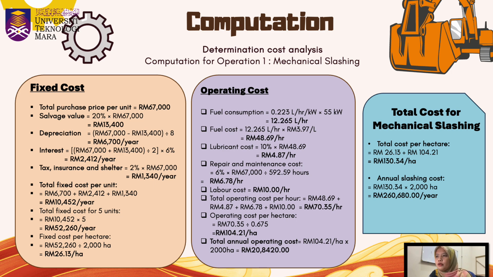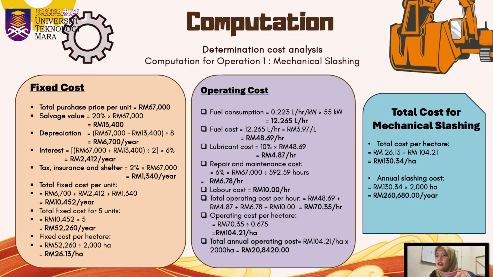When mapped to our field capacity, this translates to RM104.21 per hectare, or an annual operating cost of RM208,420.